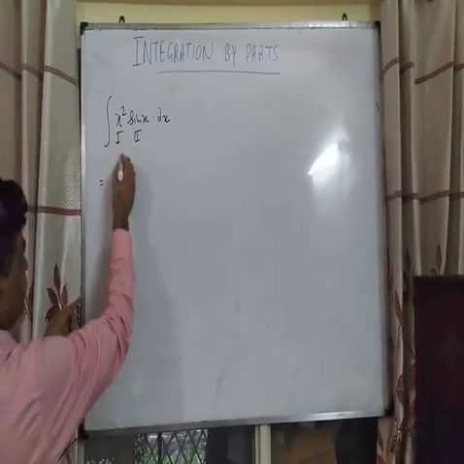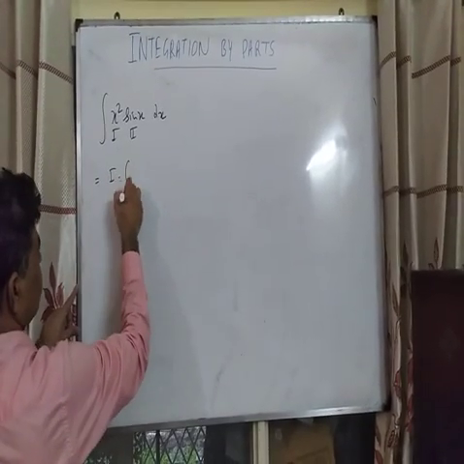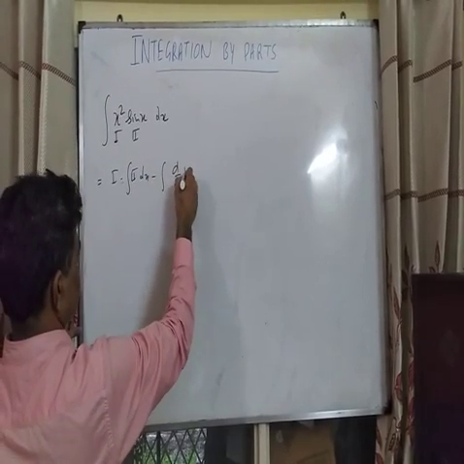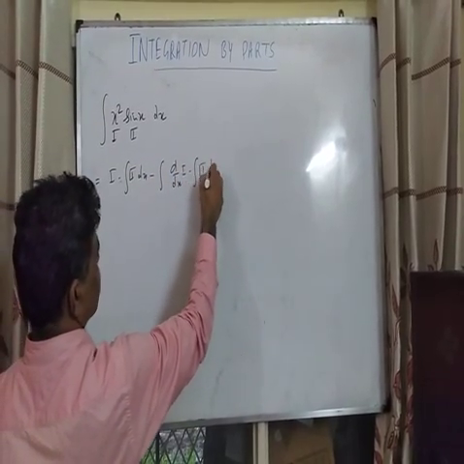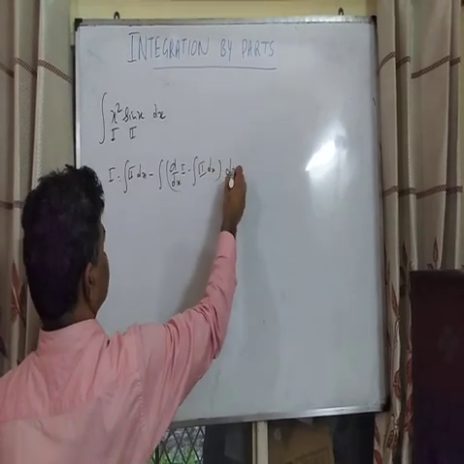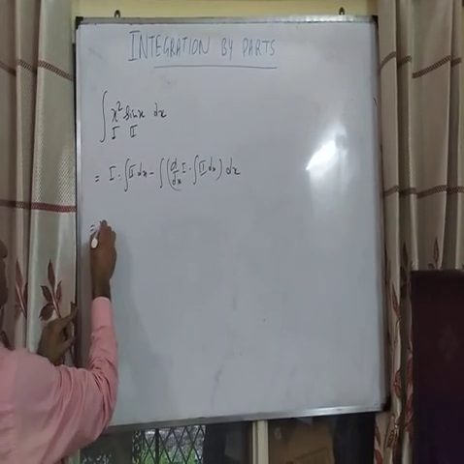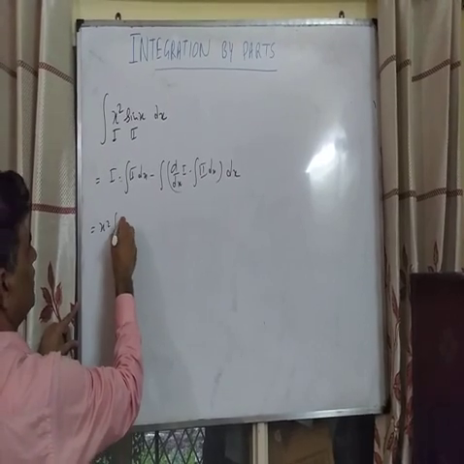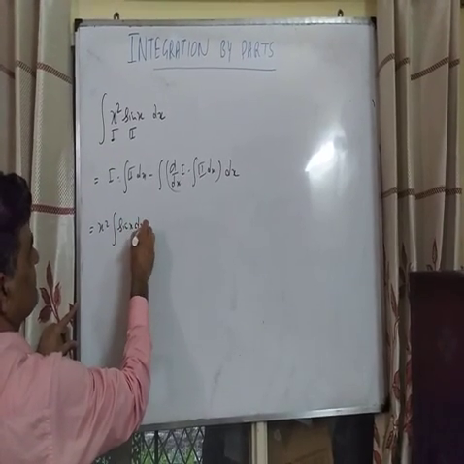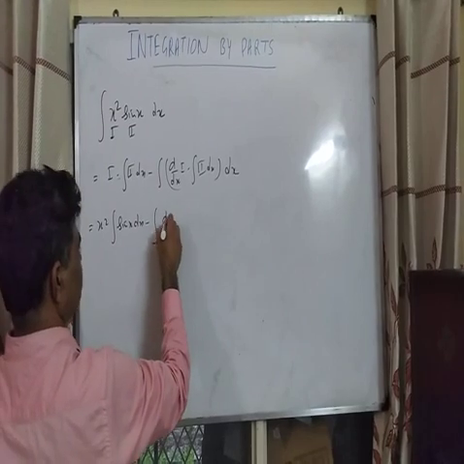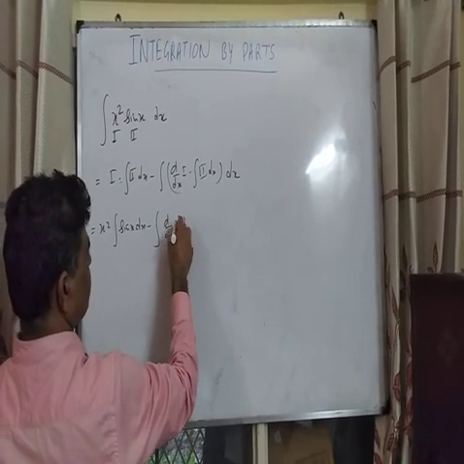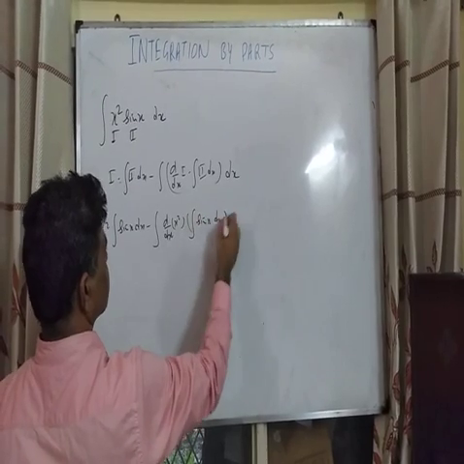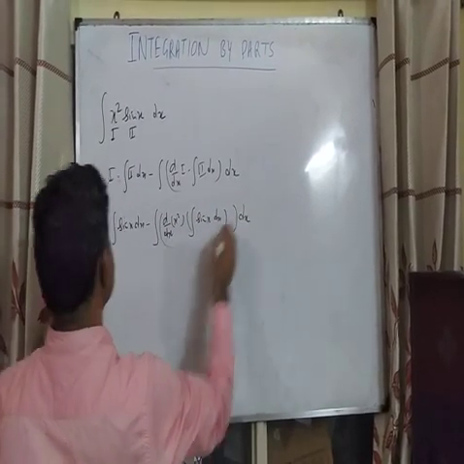Now you see: first function, integration of second function, minus differentiation of first function, integration of second function, whole part integration. So I means x square sin x dx minus differentiation of x square, now integration of sin x dx, whole has to be integrated.